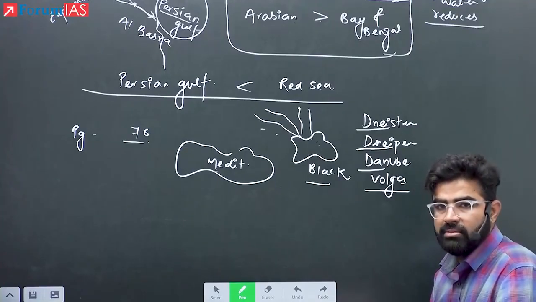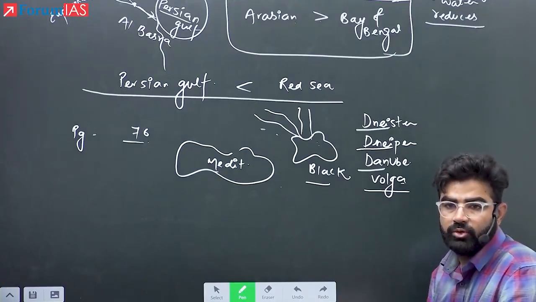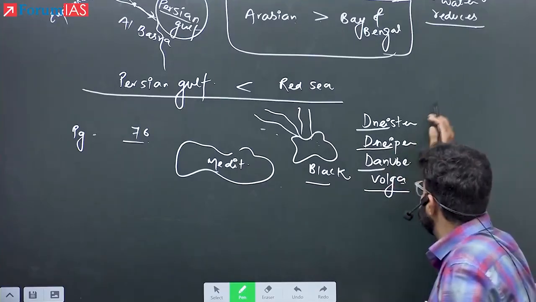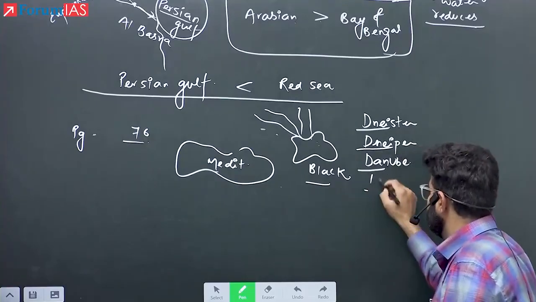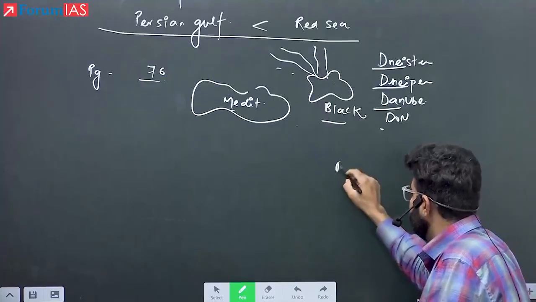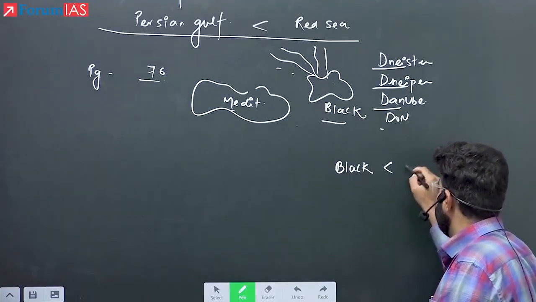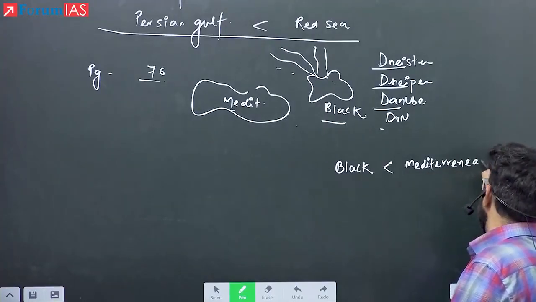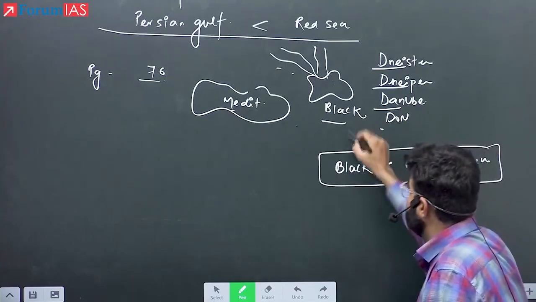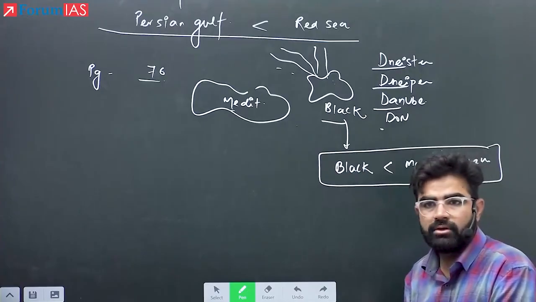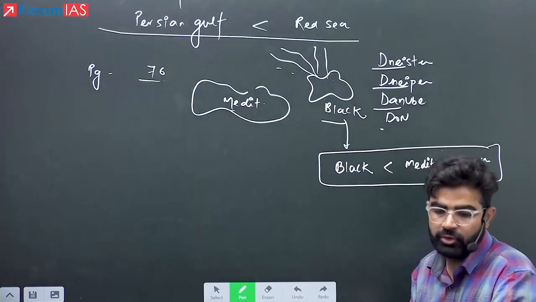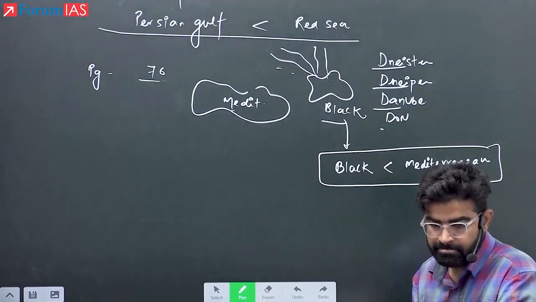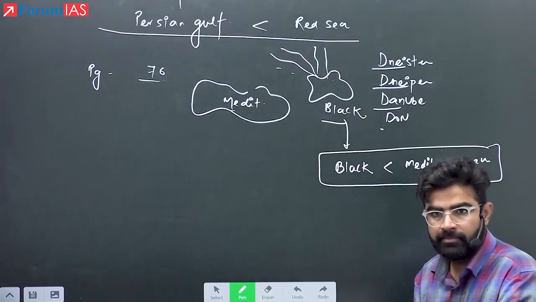And because of that reason, the Black Sea will have less salinity compared to the Mediterranean, because fresh water is being added in the Black Sea more compared to the Mediterranean. Done?